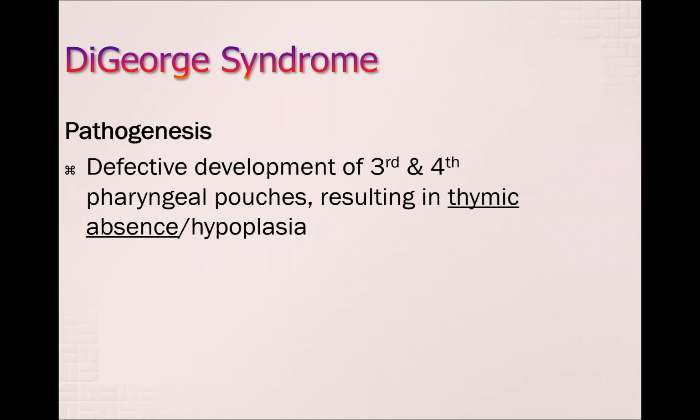There are different variations of DiGeorge syndrome. Shprintzen syndrome, velocardiofacial syndrome, and DiGeorge syndrome are all in the same area, but the actual syndrome as described by DiGeorge has some specific characteristics, which is usually known by the CATCH-22 that we use.